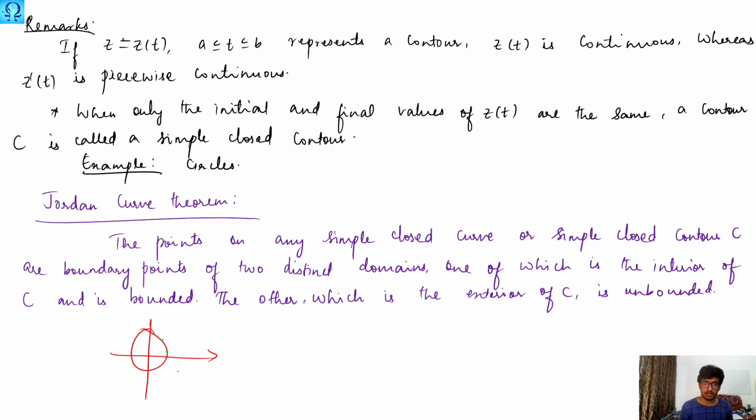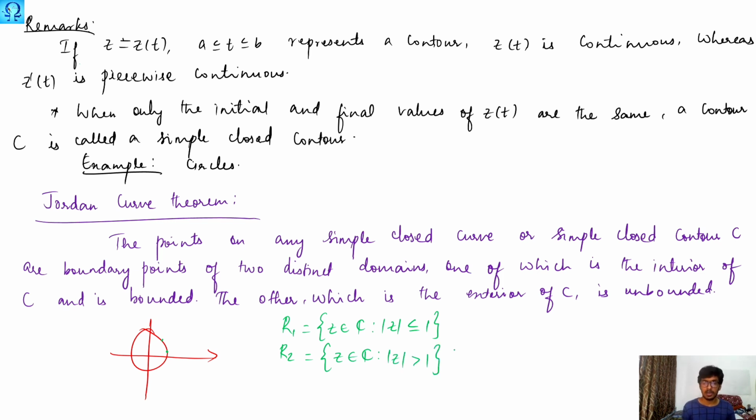Here, the circle splits your entire z plane into two regions. One region may be, let me write that as region 1, the collection of points in the complex plane such that absolute of z less than or equals 1. Another one is the collection of points in the complex plane with absolute of z bigger than 1.